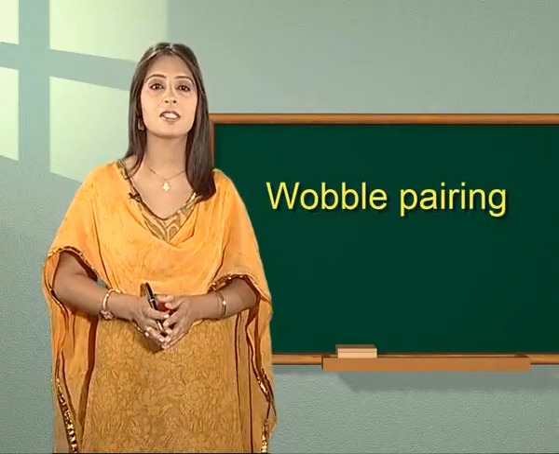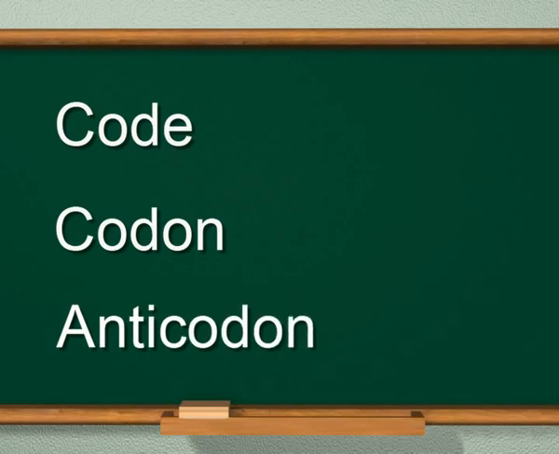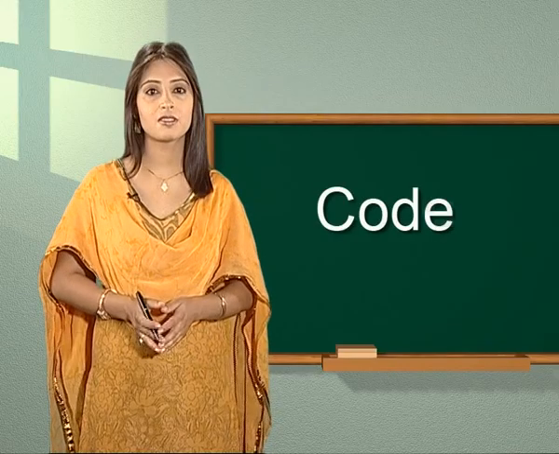There are 3 terms: code, codon and anticodon. How do they differ? Although I know most of you are very well acquainted with all these terms, let me explain once again. A code.